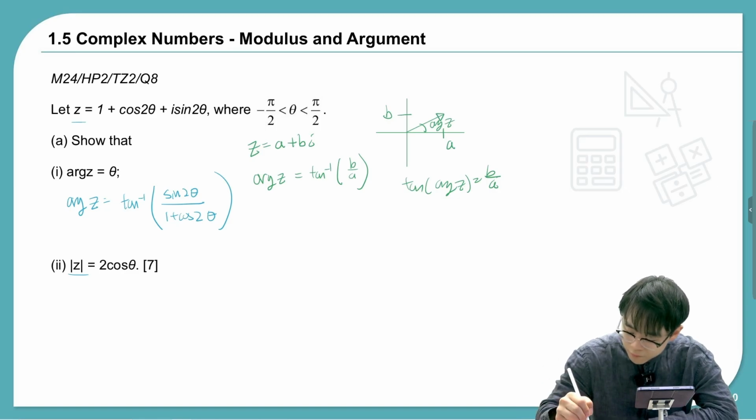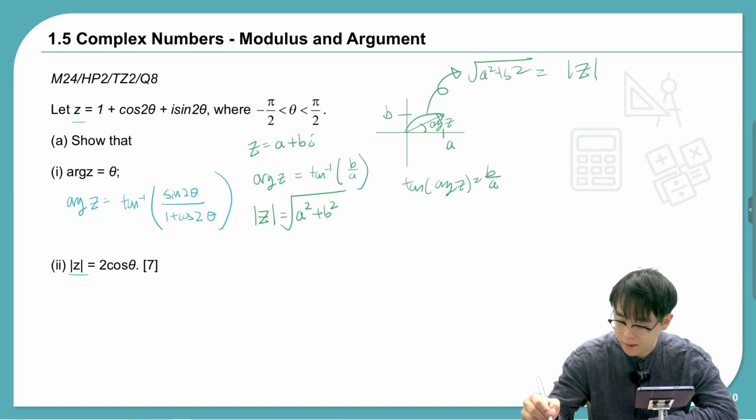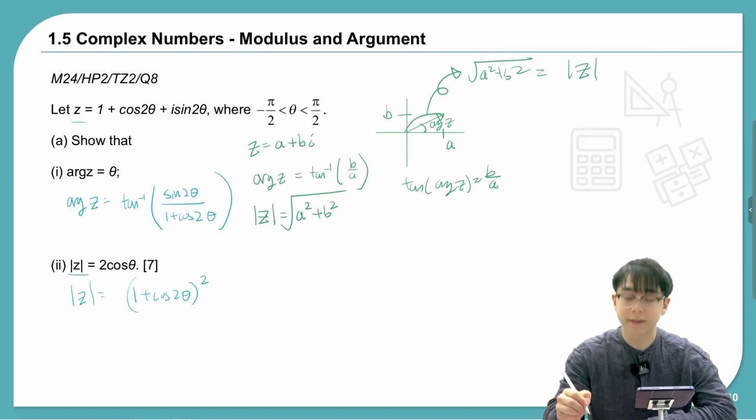Secondly, if you want to find the modulus of z, we just do a squared plus b squared and square root, right? It's just using Pythagoras because the modulus is the length of this one, so it's just the square root of a squared plus b squared. So in our case, the modulus of z will simply be the square root of 1 plus cosine 2 theta, all squared, plus sine 2 theta squared.